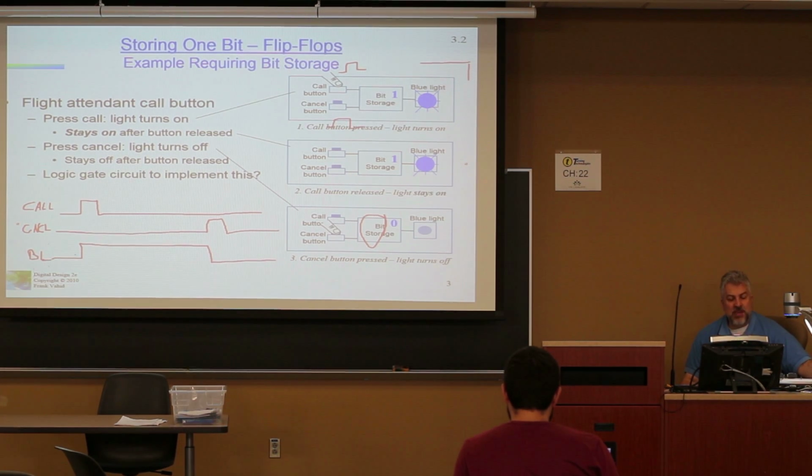By the way, if I said BL like that, it would look like that. What if I said instead BL and put a bar over it? What would that be? It would be the opposite, right? So in that case, I would expect it to work like this. I'm sorry, not BL. That was bad.